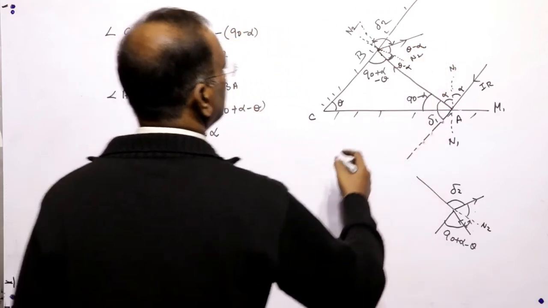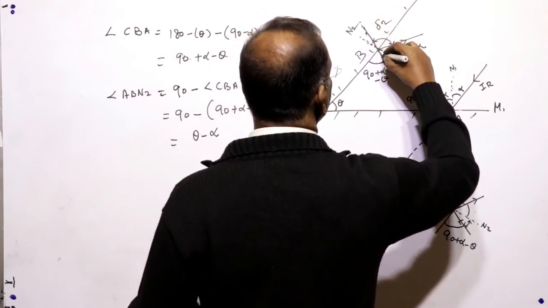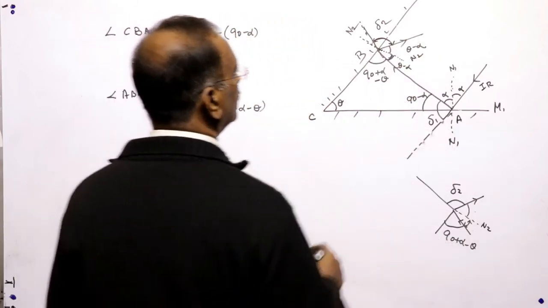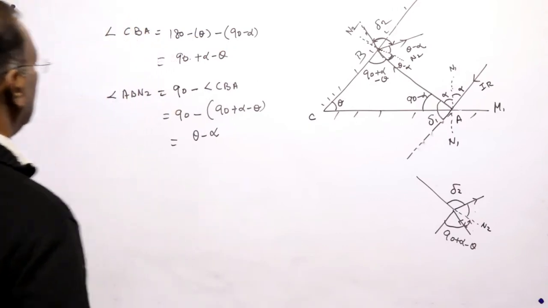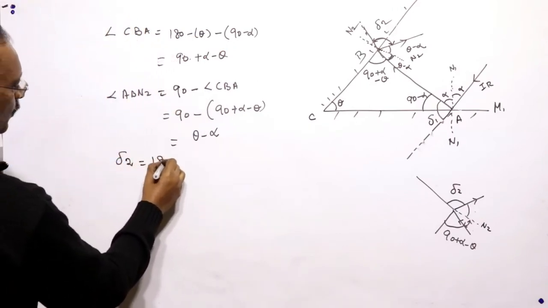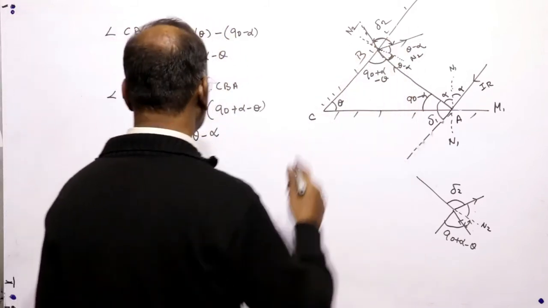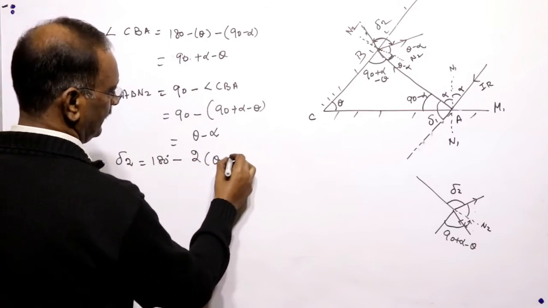So what is this angle? Now we want to find out with the incident ray. The angle of deviation of mirror 2 is 180 minus these two angles. So the angle of deviation at mirror 2 is equal to 180 degrees minus this angle plus this angle, which is 180 minus 2 into theta minus alpha.